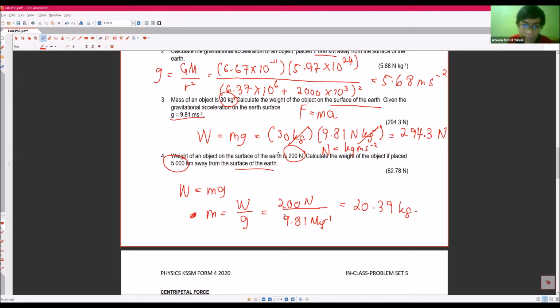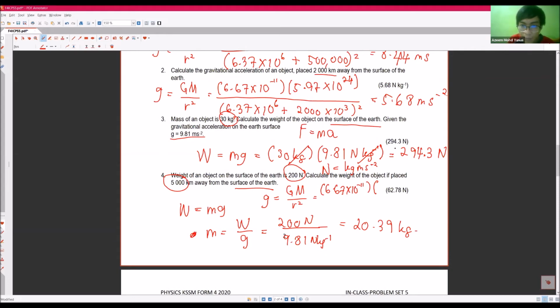Then we can calculate g, the gravitational acceleration, 5,000 kilometers away. So G is 6.67 times 10 to the negative 11. The mass of the Earth is 5.97 times 10 to the power 24, divided by r squared, the radius of the Earth plus 5,000 times 10 to the power of 3, squared.